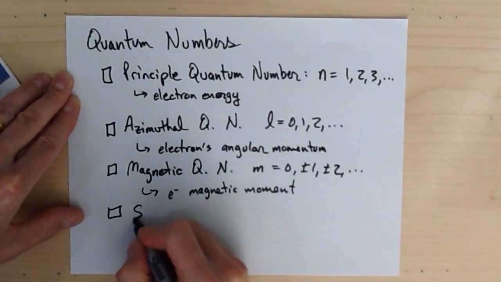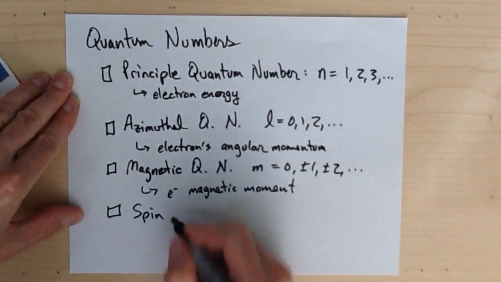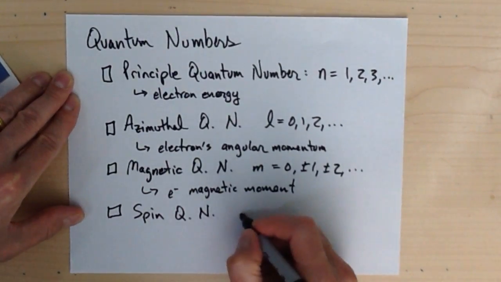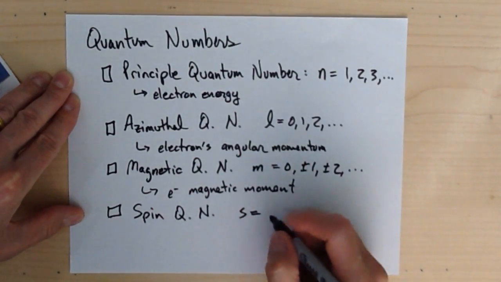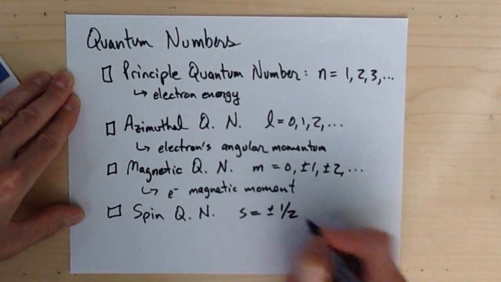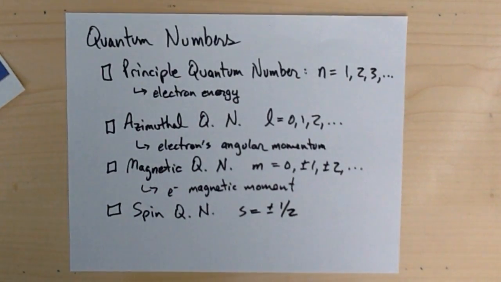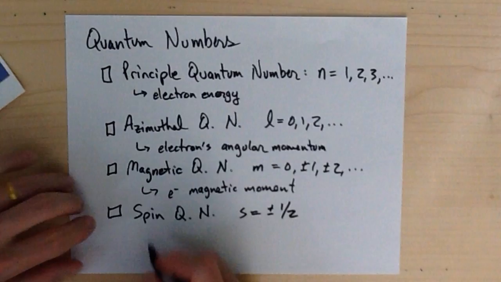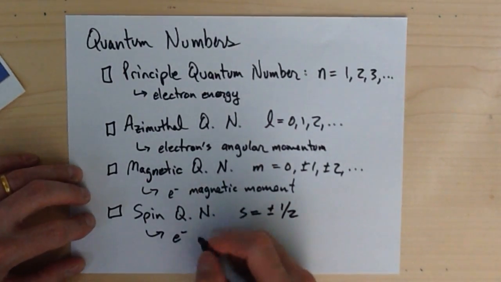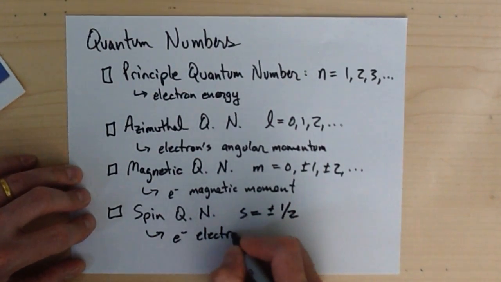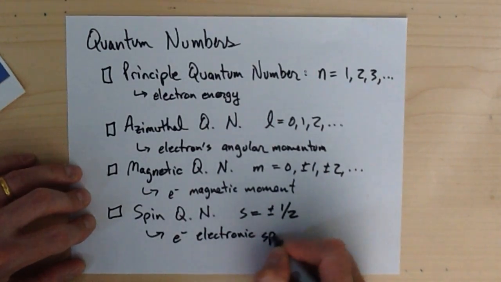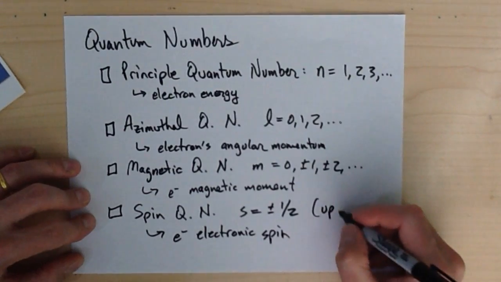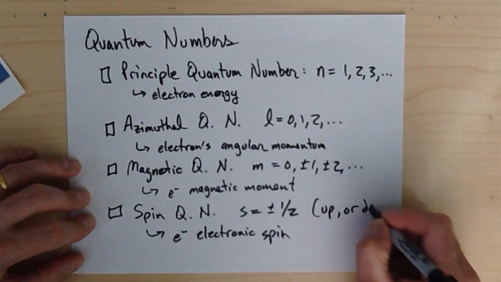All right, and then lastly, this is one that you may have seen or heard before. There's a spin quantum number, and this often has the variable s, which is either spin of 1/2 plus or 1/2 minus. And this determines the electron's electronic spin. And usually this is also thought of as either up or down.